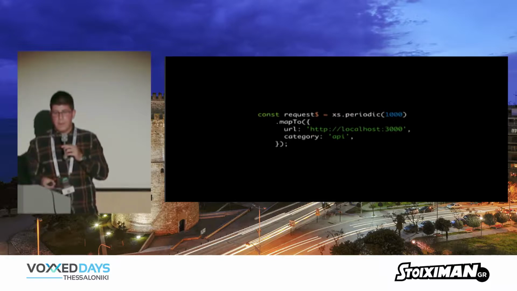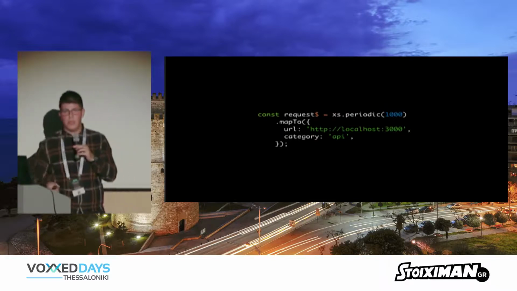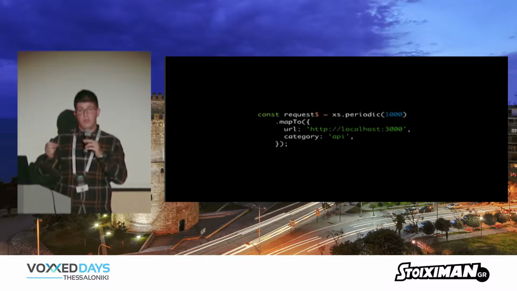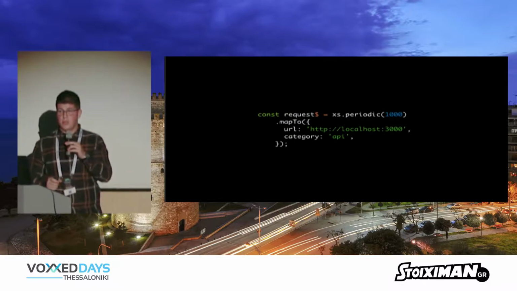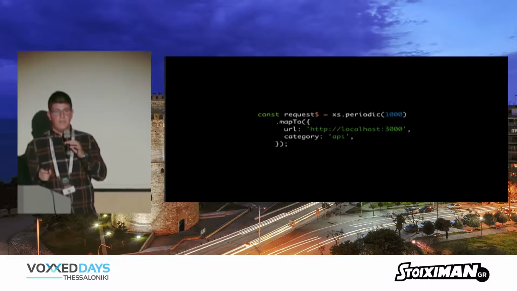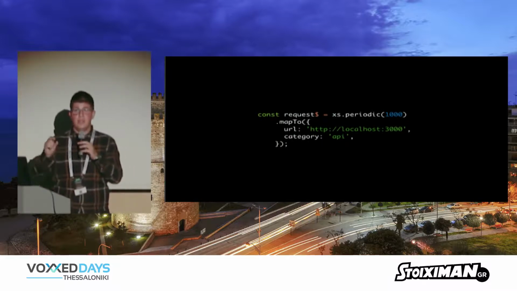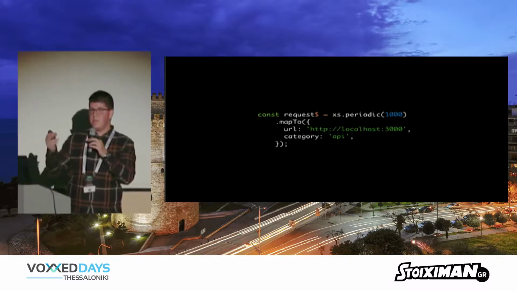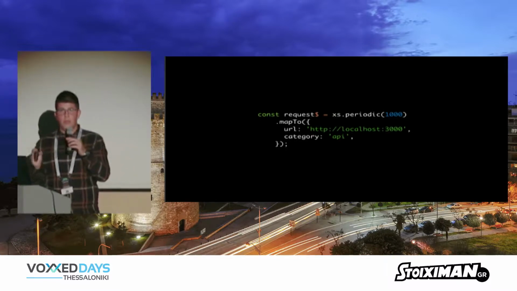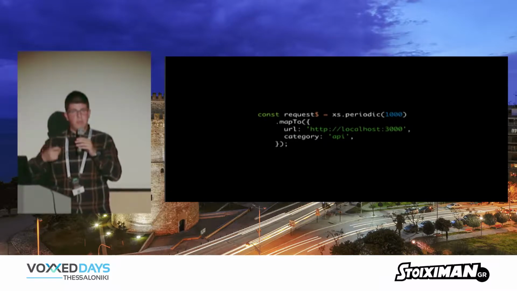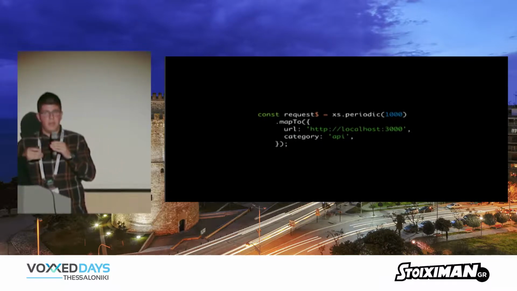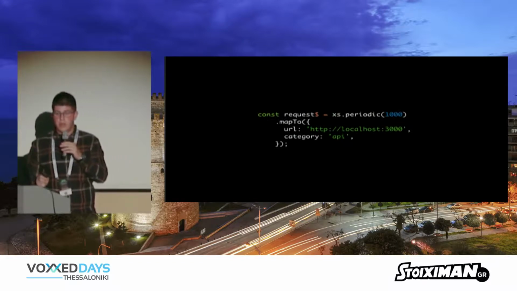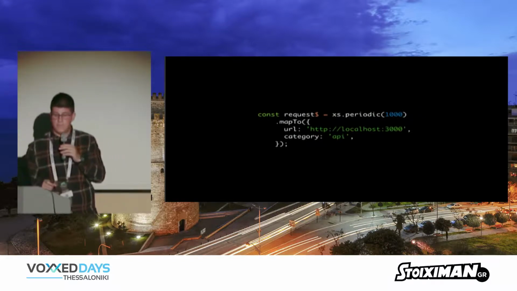properties. The URL is the URL that we want to send a request to, and the category is important because we need to put a note inside our request, put a name, so we can handle just those requests that we want. Because from the HTTP driver, we will get all requests like images or JavaScript and CSS files, but we want to look for the ones that we created so we can read the result.